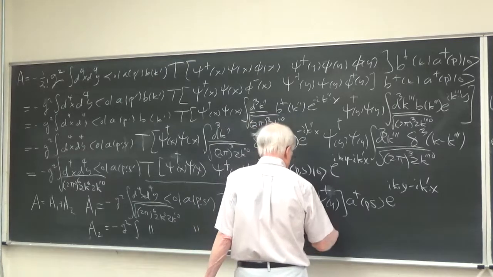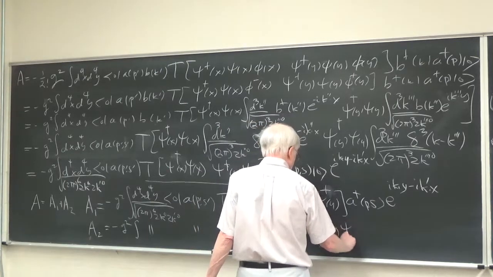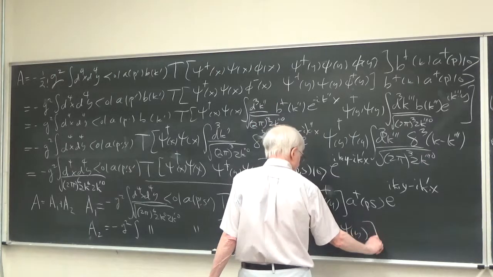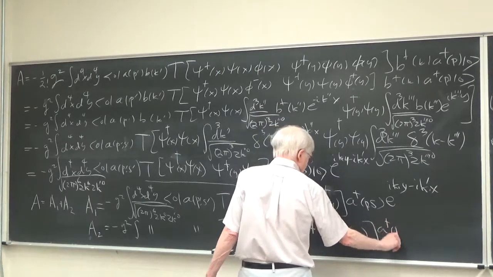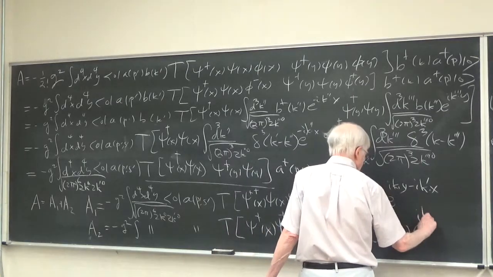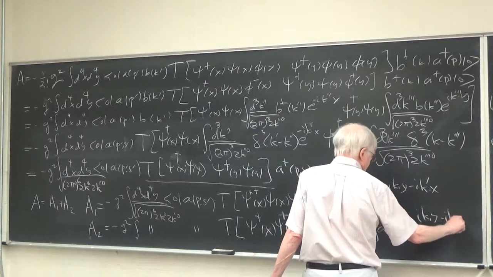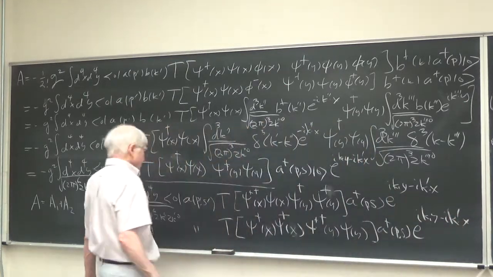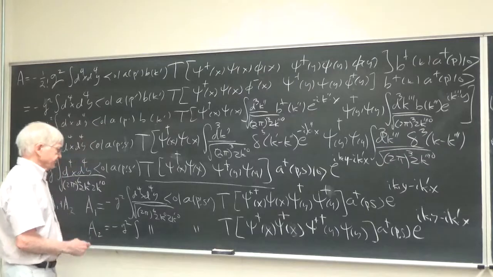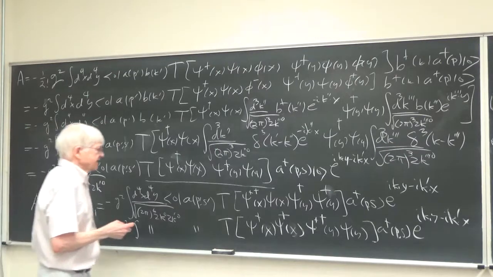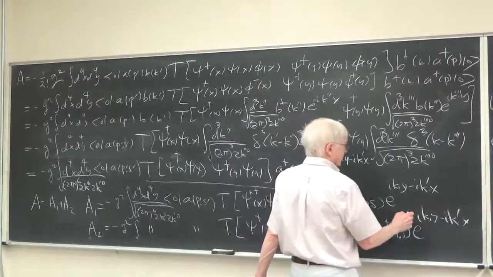Psi plus dagger of y, psi of y, a dagger of p and s, e to the i, k dot y minus i, k prime dot x. All right, so let's look at A1 first, and I forgot this vacuum over here.